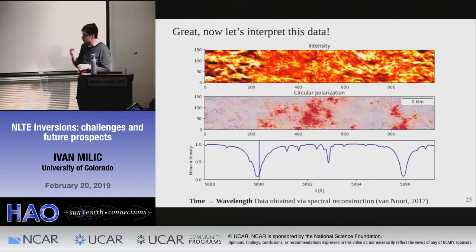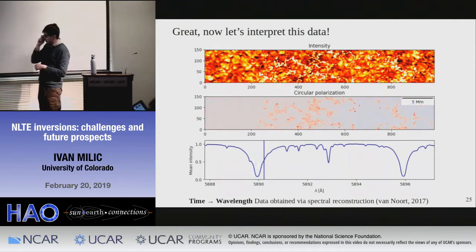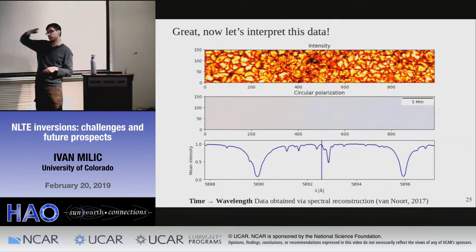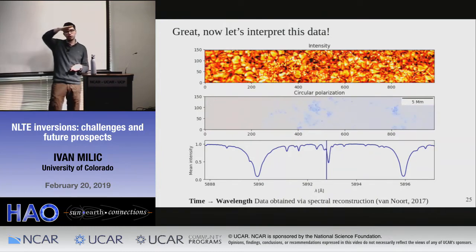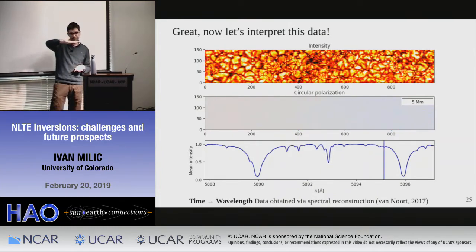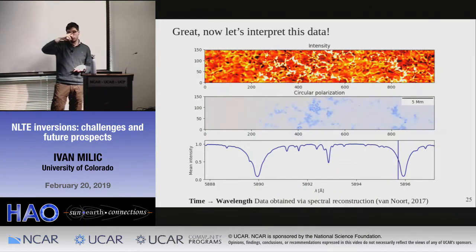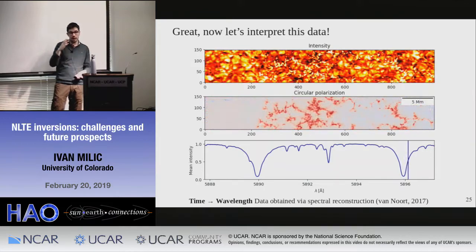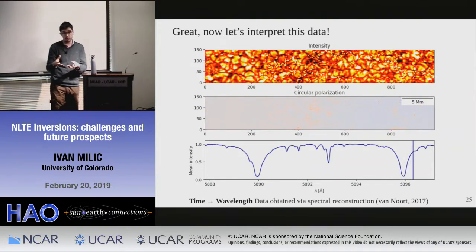So let's go back to these observations. I didn't mention this, but this is the application of this spectral reconstruction technique, which Michiel developed, which is based on continuously scanning with a slit, and then you use the context observation from a different camera, which is basically a continuum image, which gives you information about your spatial PSF.